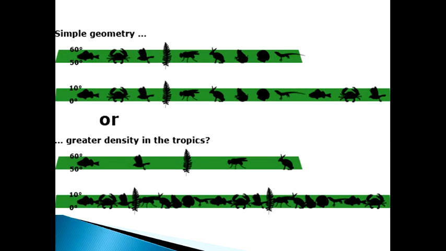So is it just a question of simple geometry? Is it the same species, but there's just more area in the tropics? Or is there greater density in the tropics?